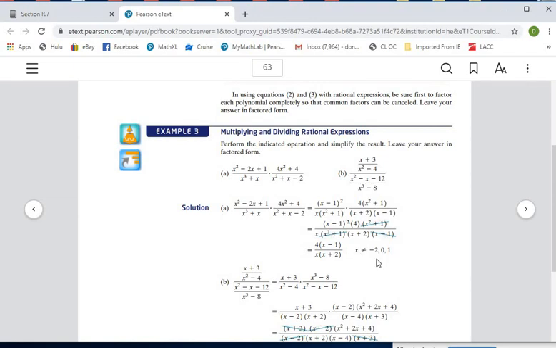Now, notice, I didn't really want to get into math on this, but it's an interesting idea. Notice how negative 2 is mentioned, because if x was negative 2, I'd be dividing by 0. 0 is mentioned because if x were 0, the denominator would be 0, and I'd be dividing by 0.